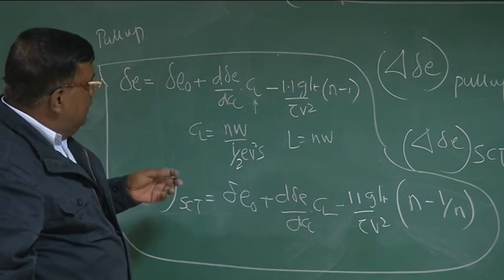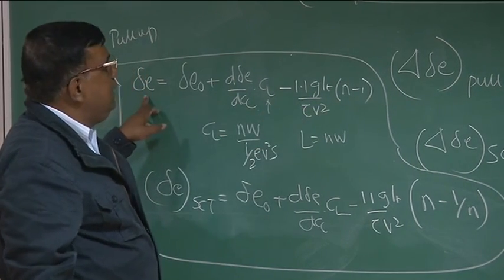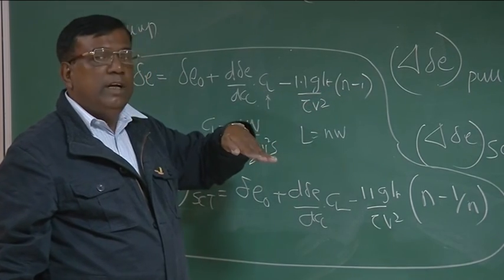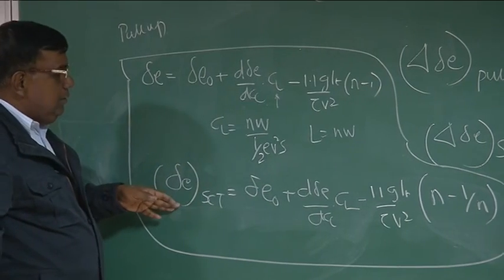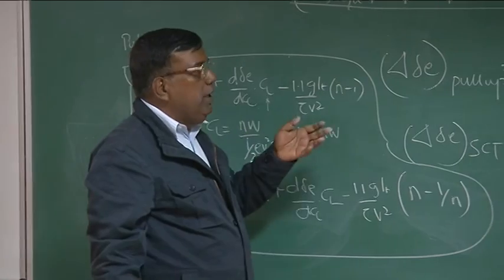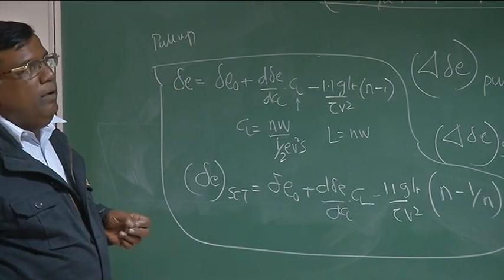Right? But as n is increased, our delta E has a more negative component from here. That is, you have to put the elevator up and up. Similarly, this is true here for the steady coordinated turn. The difference is coming only because the q are different. One is g by v into n minus 1, another is g by v into n minus 1 by n.